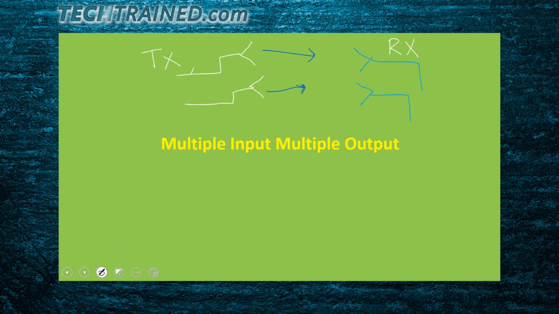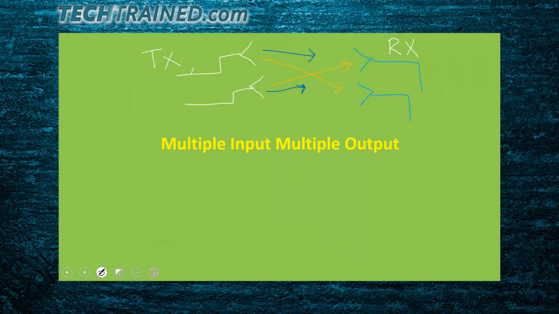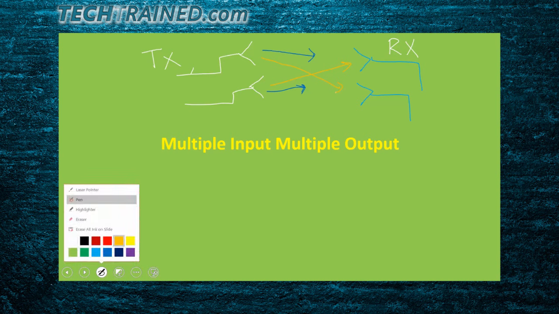If the receiving end has 2 receiving antennas, it can receive 2 streams of information in the same amount of time. That's the idea of spatial multiplexing, which is used to increase the throughput. Now, having said that, let's talk about precoding before we go further with this discussion.